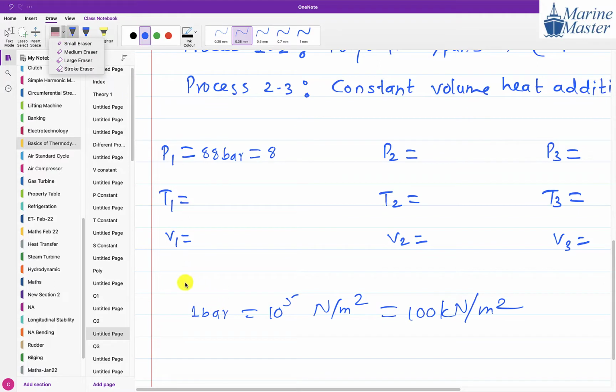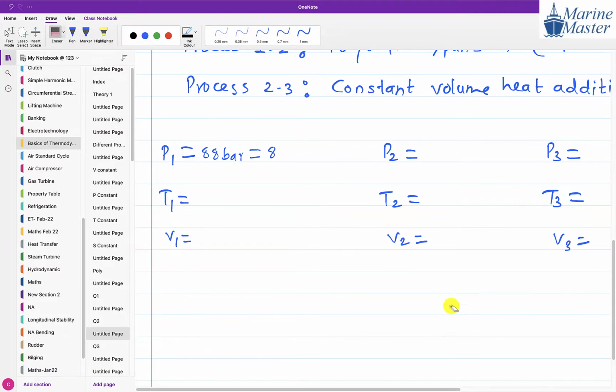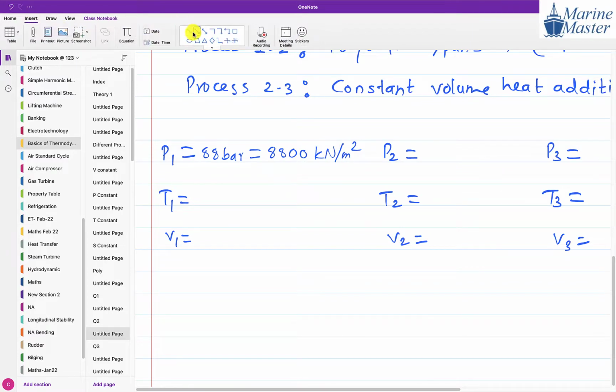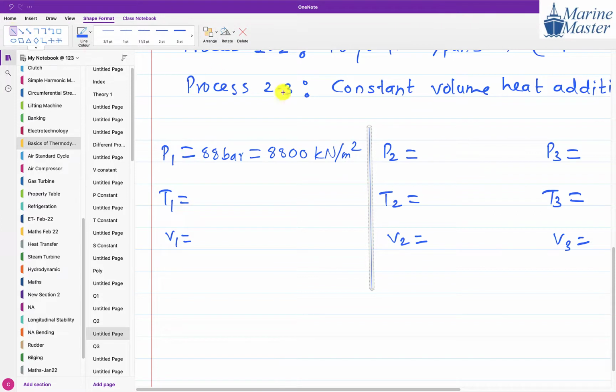So 1 bar means 100, so 88 bar means 8800 kilonewton per meter square. So we got the value of P1. One minute, let me make the partition here so that things become very easy.